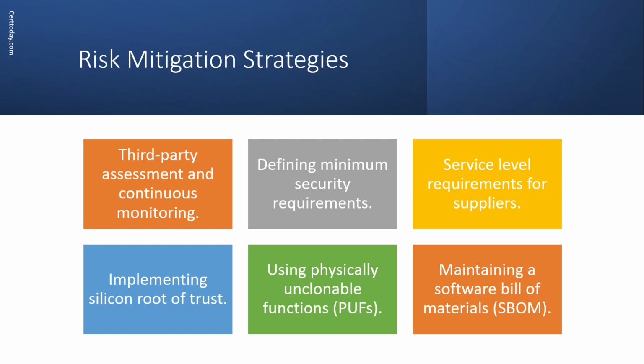Finally, maintaining a software bill of materials, or SBOM, provides a detailed inventory of all software components, allowing organizations to quickly identify and patch vulnerabilities when a security flaw is discovered in a third-party library or dependency. These measures collectively help secure the supply chain from manufacturing through delivery.